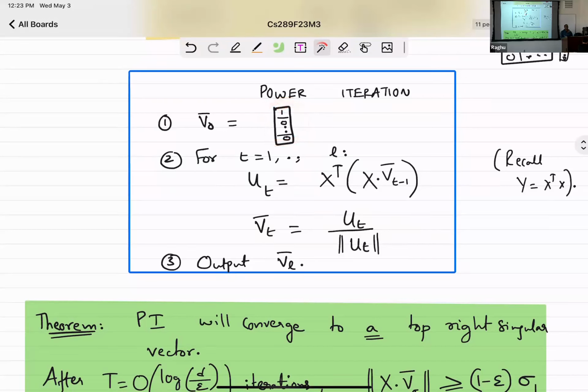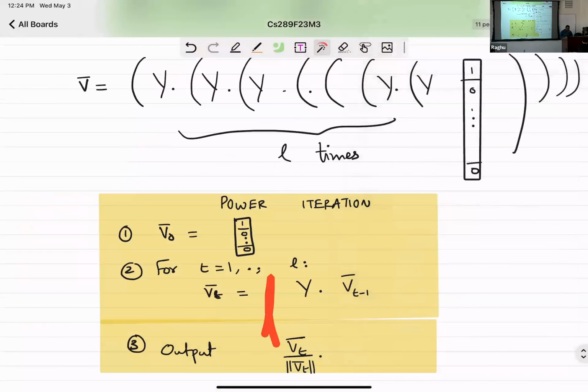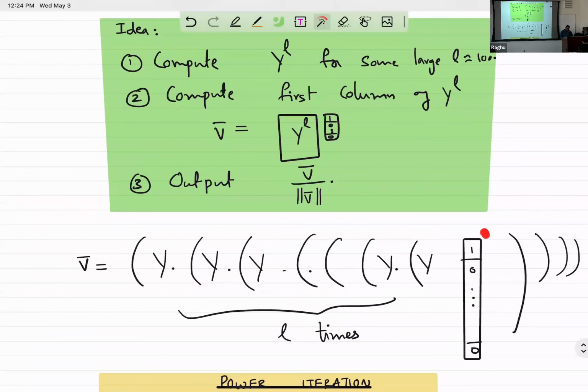Any suggestions? Right. But you don't know exactly what to pick. Okay, so maybe we should go back a step and try to figure out why we chose this vector in the first place.